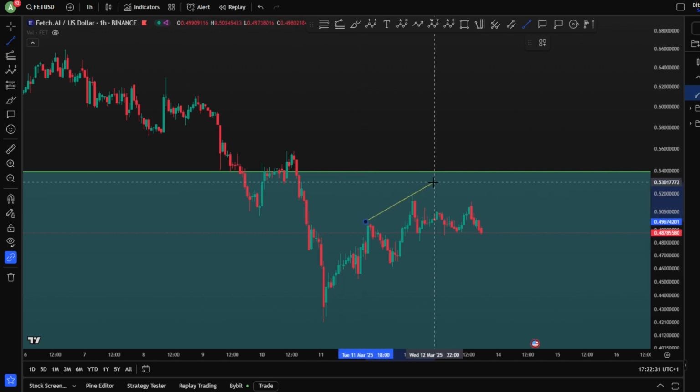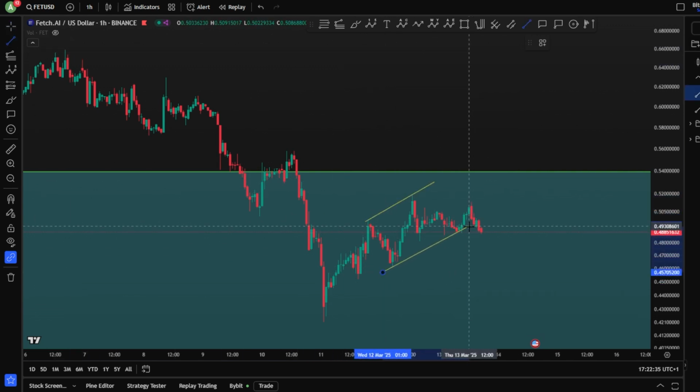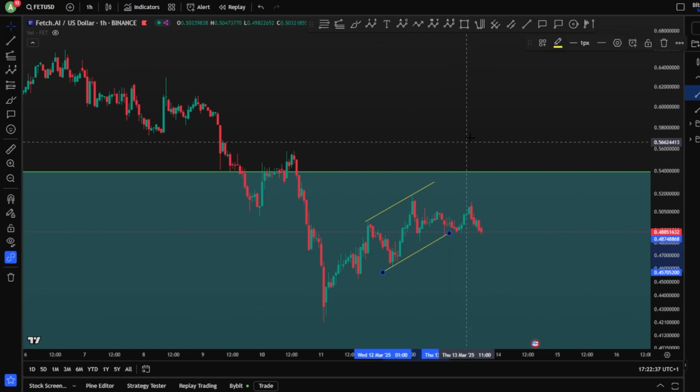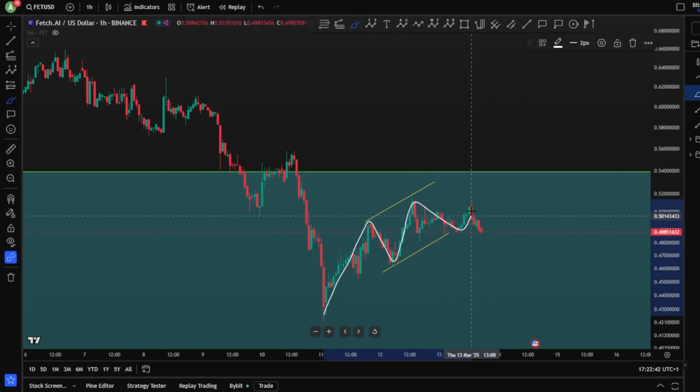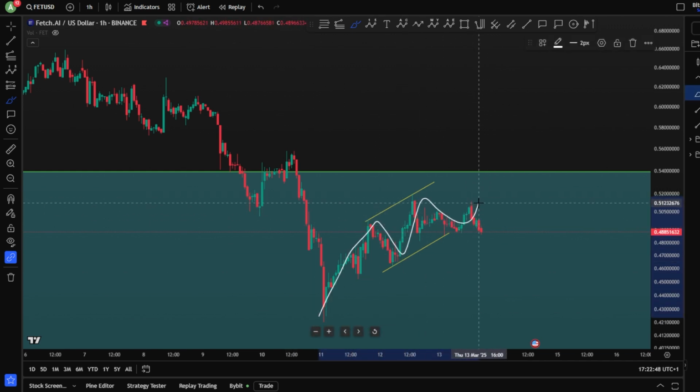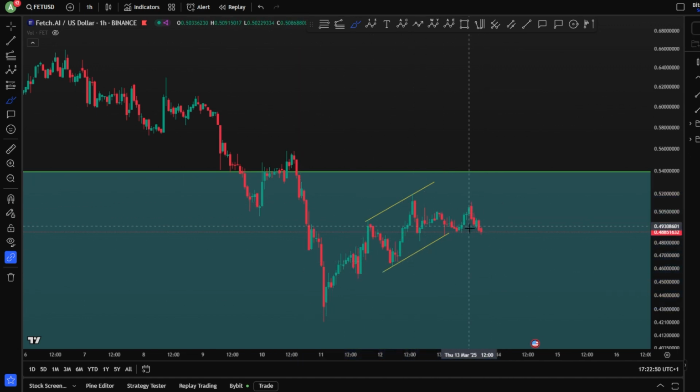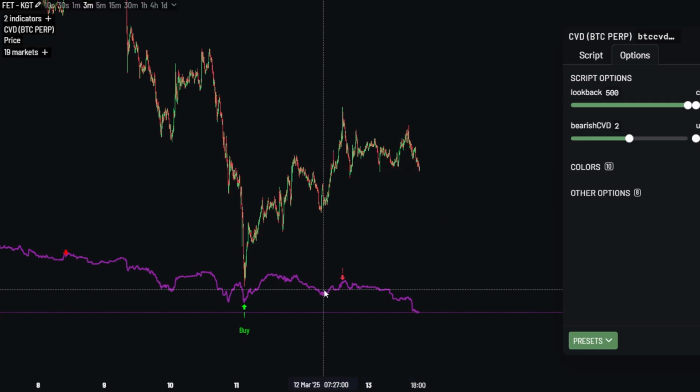That is a weird thing here, but potentially you might even have a leading diagonal as a truncated wave 5. And that's because of KGT. I'm going to give this a low possibility, guys, but the possibility is there just because KGT is very bullish.